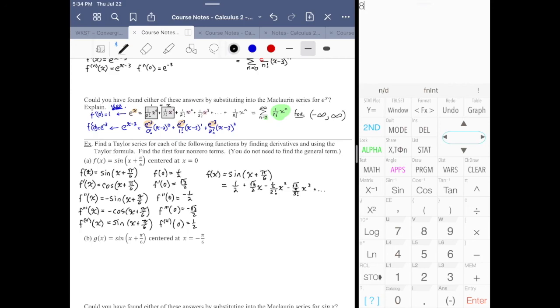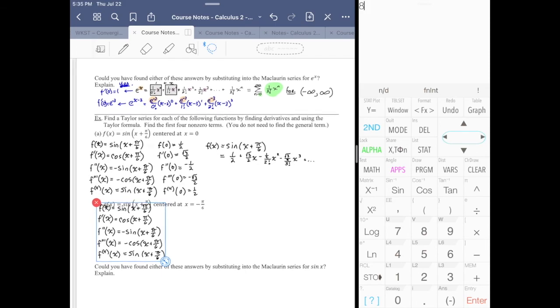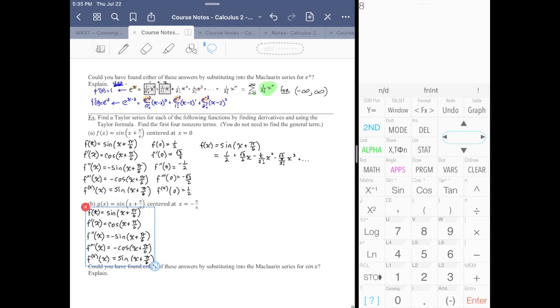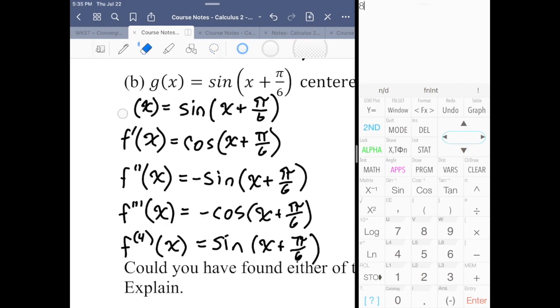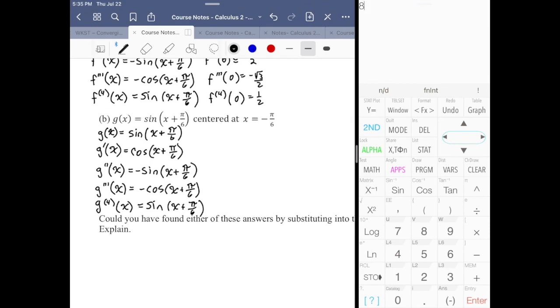Now, if we center it at negative pi over 6, all right, so our derivatives are going to remain the same. It's now g, so let me just make that quick edit. So sine of 0, so this is all negative pi over 6.